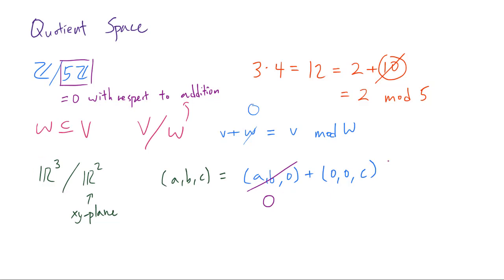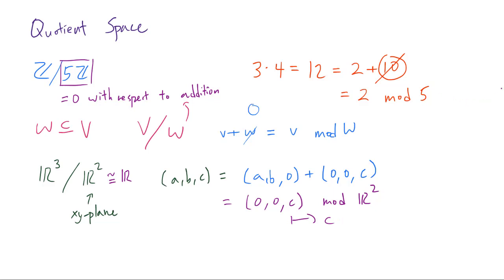So we're going to have that (a, b, c) in general is going to be equal to (0, 0, c) mod R2. And it shouldn't be too hard to see that under this definition, R3 modded out by R2 is isomorphic to just R, where the isomorphism is simply given by sending (0, 0, c) to c.